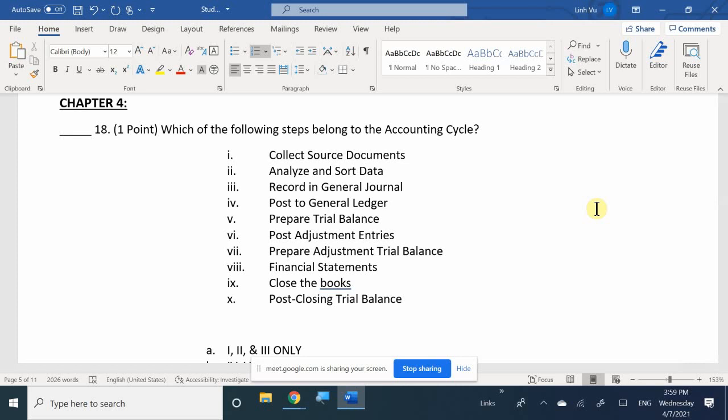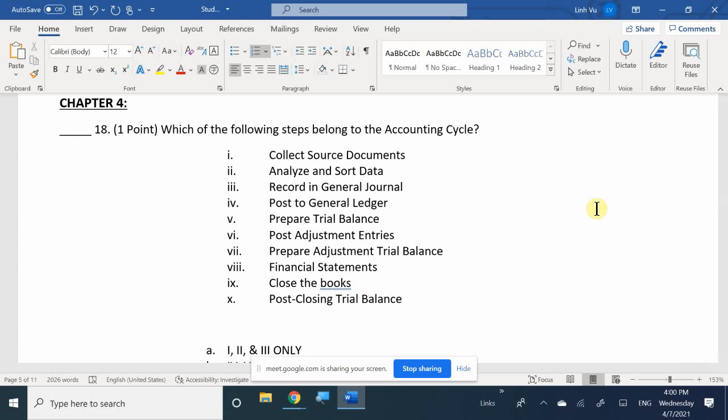Do we need to prepare an adjusted trial balance? Look at your steps of the accounting cycle. Yes, because we're making our adjustments. We're utilizing the journal once again, and the ledger once again.